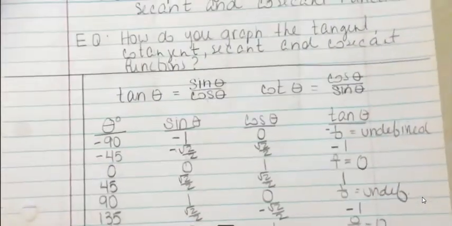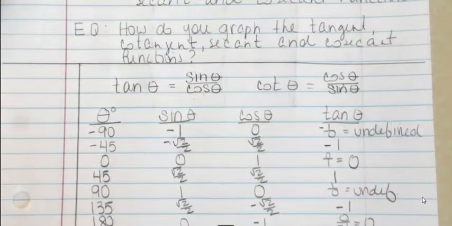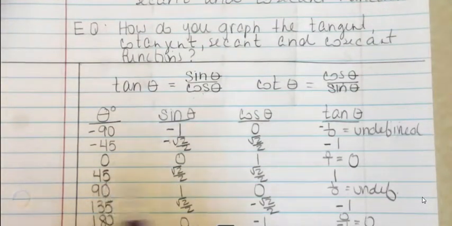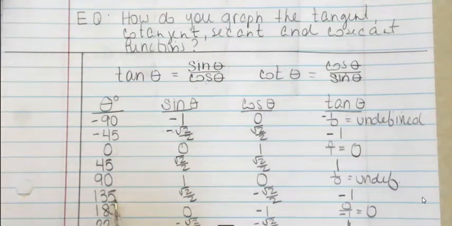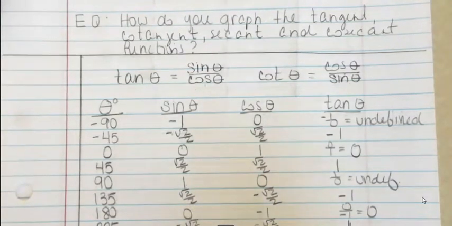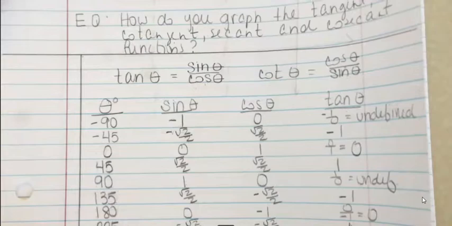Okay, let's find some more values. At 45 degrees, well, it's still going to be cosine divided by sine, so that's going to be 1. At 90 degrees, it's going to be cosine divided by sine, so that's going to be 0. And at 135 degrees, it's going to be -√2 divided by √2 over 2, which is going to give you -1.